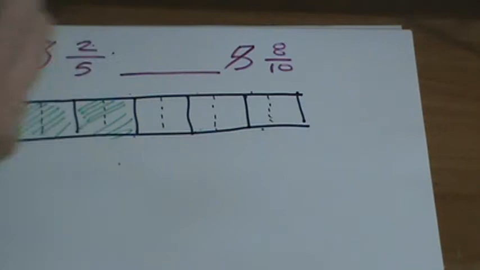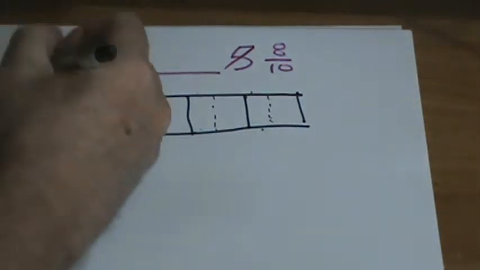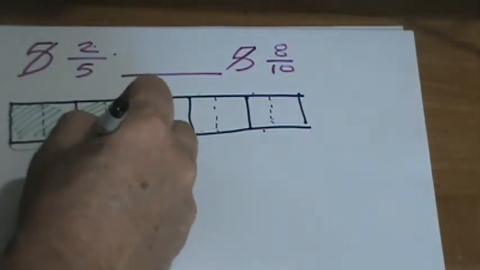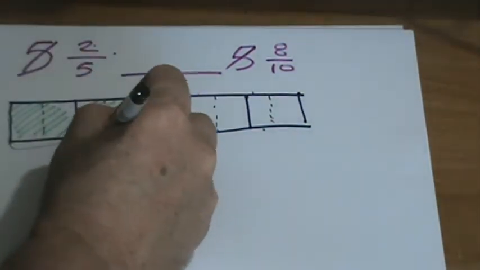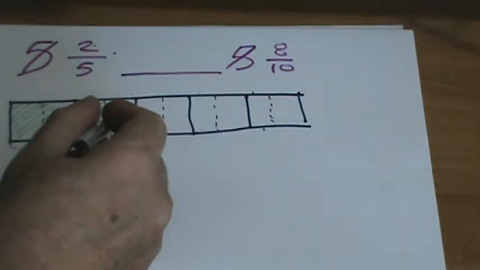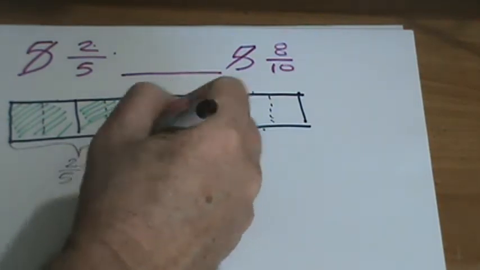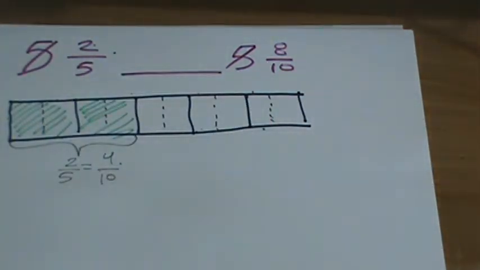Let's do this. We showed at first that this was 2 fifths, right? And 2 fifths are equal to 4 tenths. I hope you can see that, okay? So now let's see where we get with 8 tenths. And I'm going to use another color.